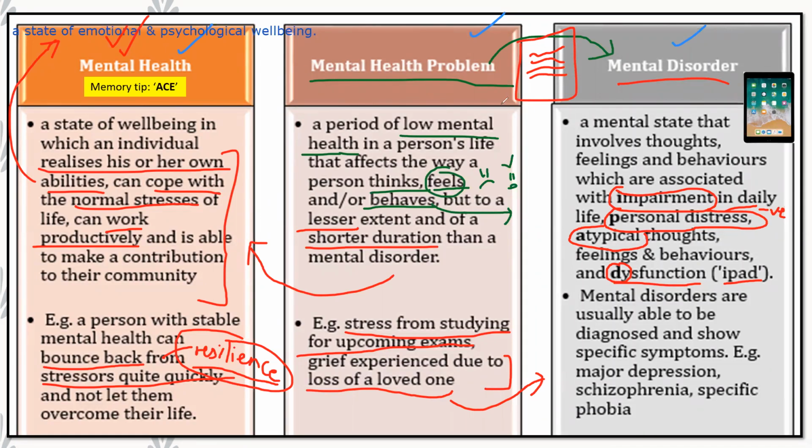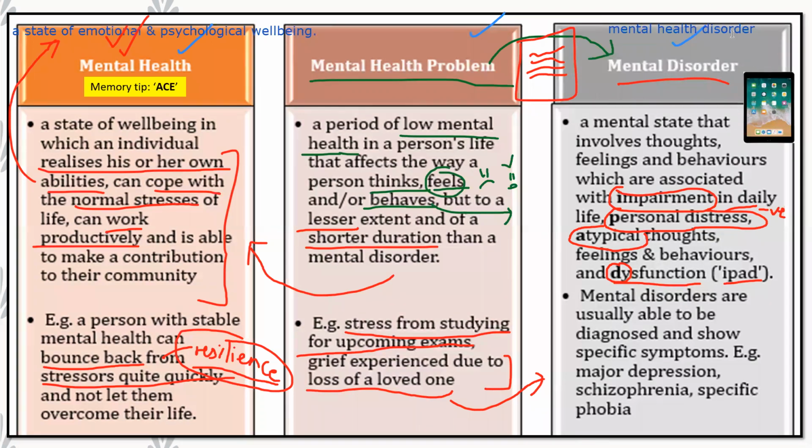That's the idea. So mental health, mental health problem, and mental disorder, those are our three mental health states, and it's very important for you to remember what they are. If we look at mental disorder, sometimes in the VCAA exams or past resources, VCAA refers to mental disorder as a mental health disorder. That's the same thing. As long as it's got mental at the front of it and disorder at the end, it's still the same word.